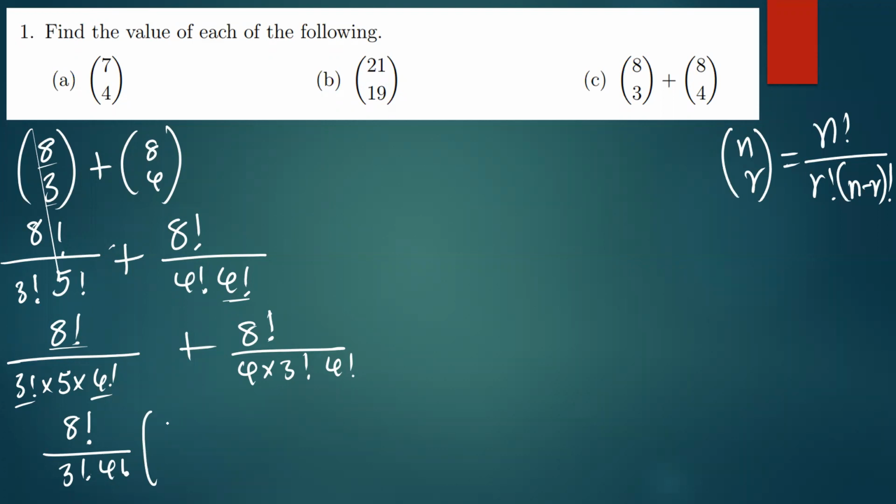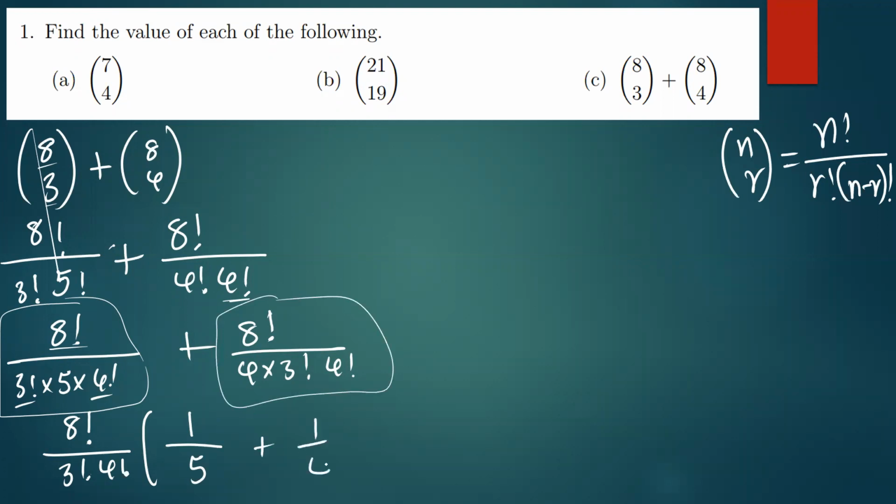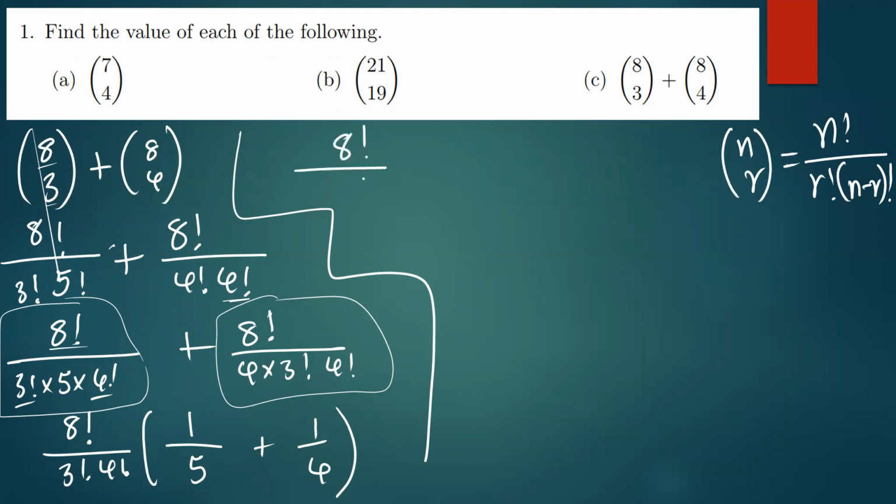So what we're going to remain with in the brackets will be 1 over 5 on this part, then on this other part we remain with 1 over 4. So from there, we are going to have 8 factorial outside over 3 factorial and 4 factorial.